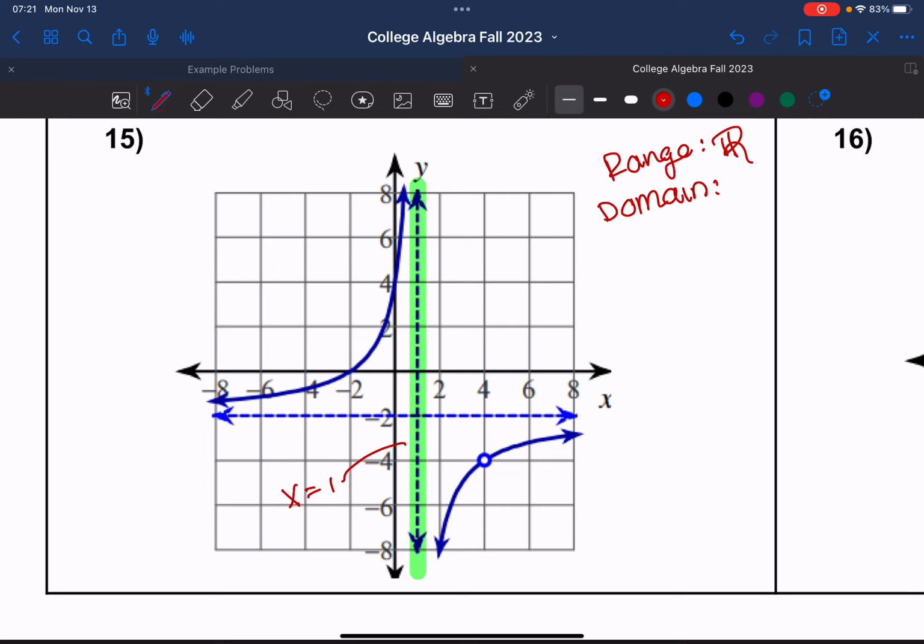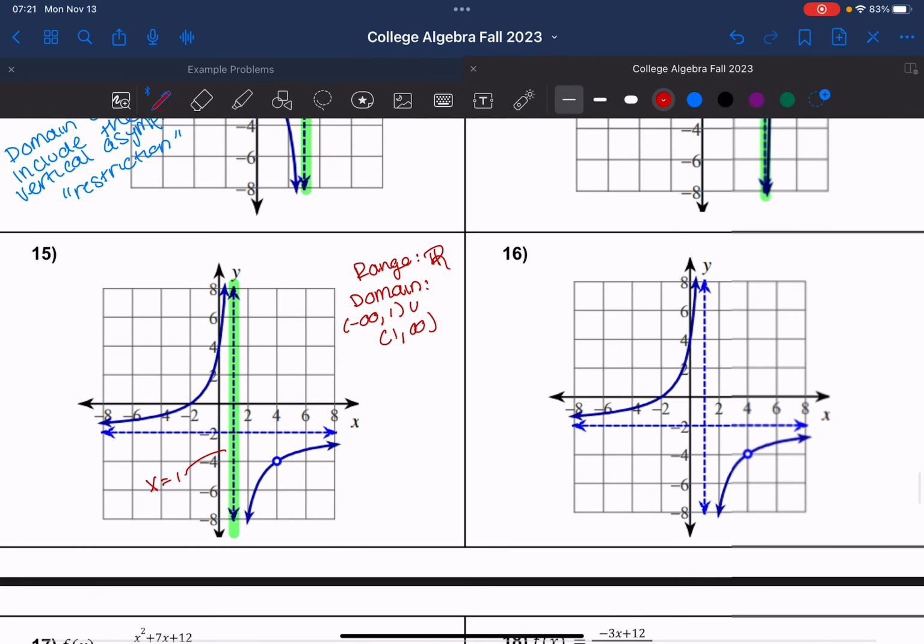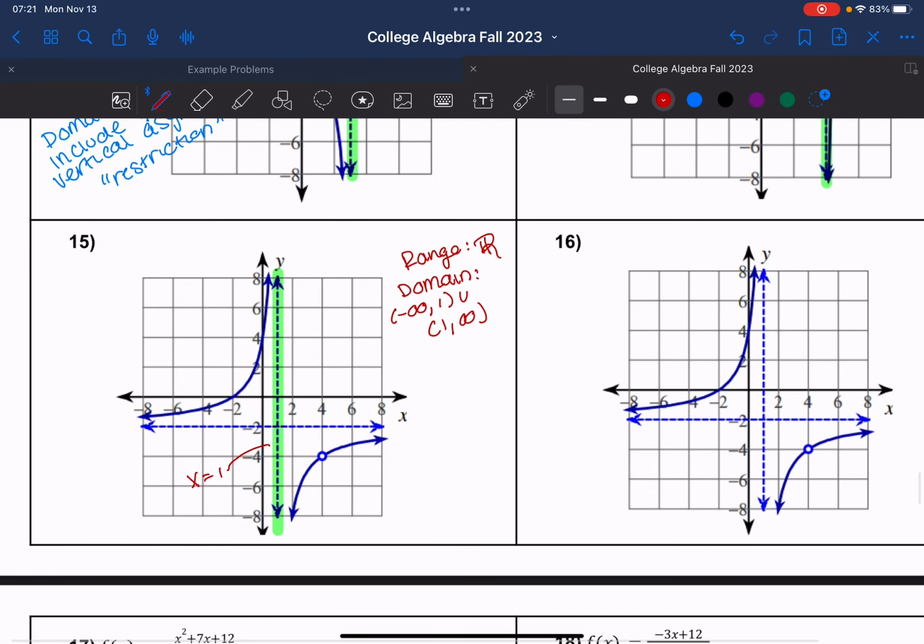So our domain, you should have negative infinity to 1, union 1 to infinity. Every number except 1. And then we're skipping 16 because I accidentally put the same graph. This is the same. So it's a parentheses, not a bracket, because it's not included. Correct.